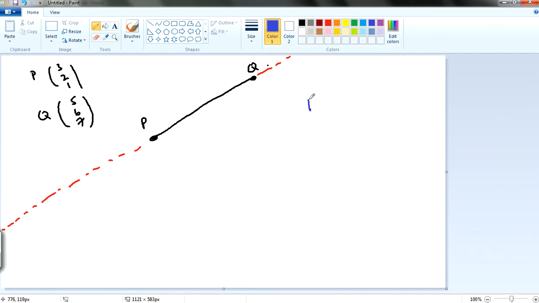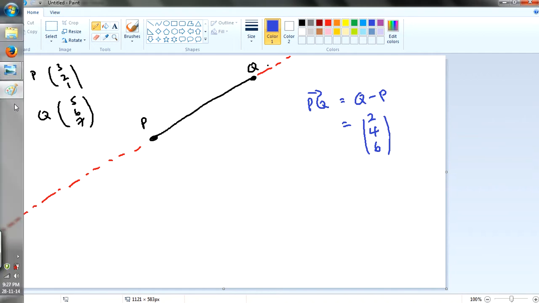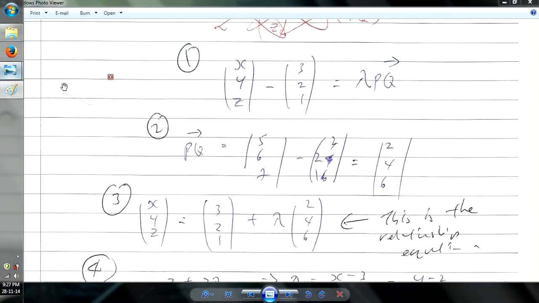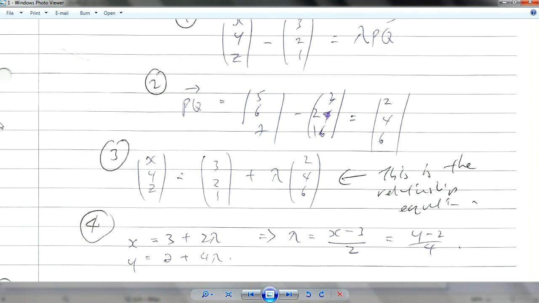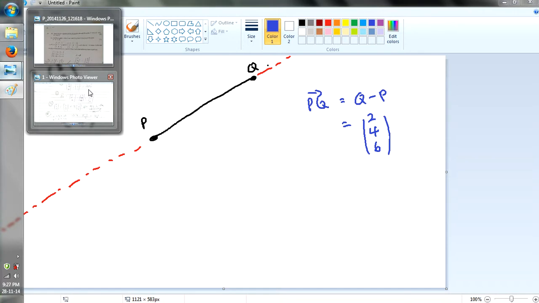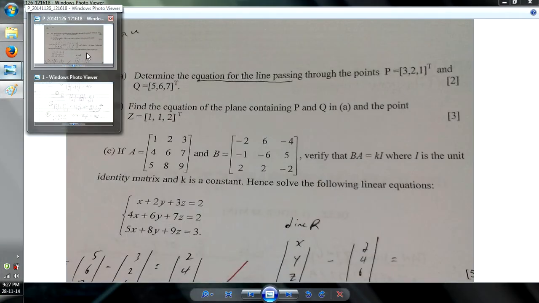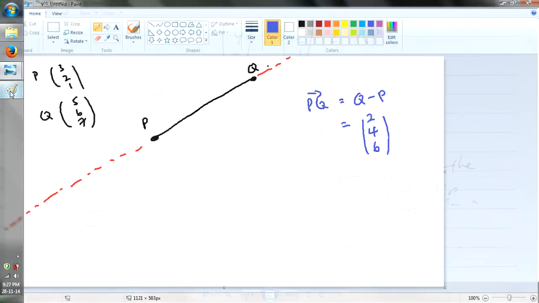So apparently the first thing you need to do is to get PQ. Therefore, PQ is Q minus P, which is equivalent to (2, 4, 6). Okay, so this is the first thing you need to do, and after which, take 3 2 1, which is P, or you can also take Q, whichever you feel like.